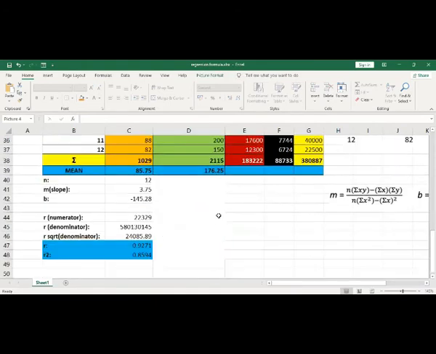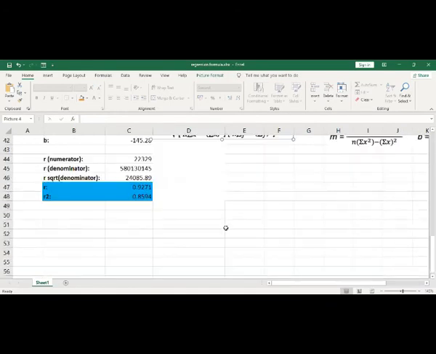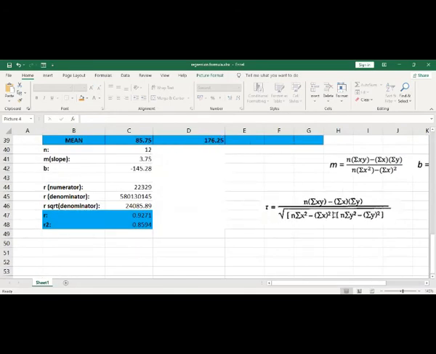Let's solve for R. Paano ba i-solve si R? Hinati ko siya into 3 parts before ko na-solve si R na ito. Inuna ko si numerator kasi nakakalito, ang dami nito. Start tayo with equals.